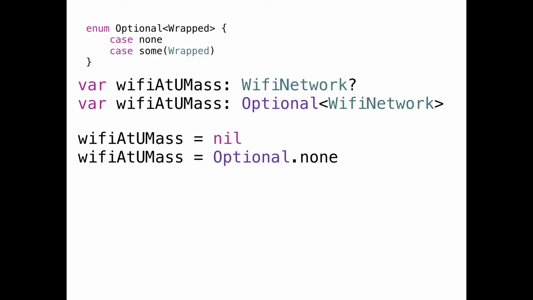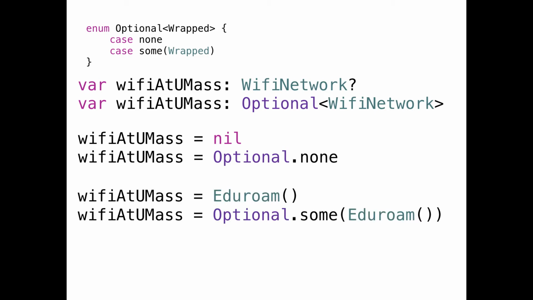When we have nothing in our Wi-Fi object, that's when we have the none case of our enum. And when we have something, that's when we have the some case, nicely named some. The top is just the easy way to do it using Swift syntax, but we can surely use the long form syntax whenever we want to.